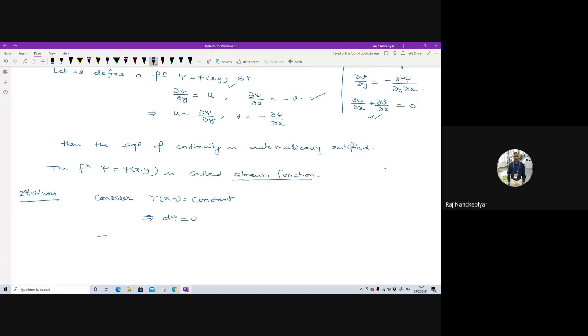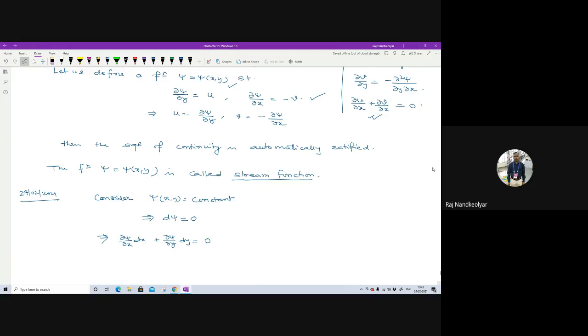Now if you apply the definition of d of psi, this is del psi del x dx plus del psi del y dy equal to 0, because psi is a function of x and y.